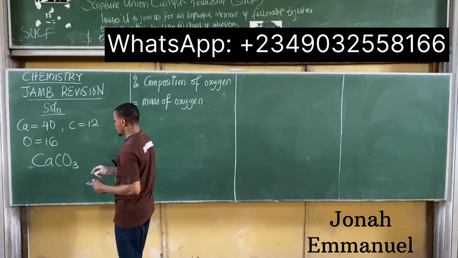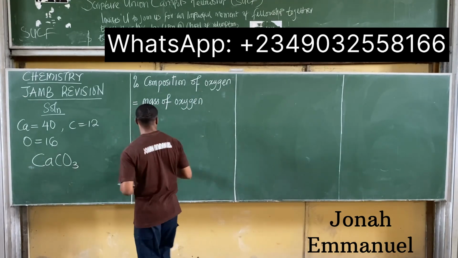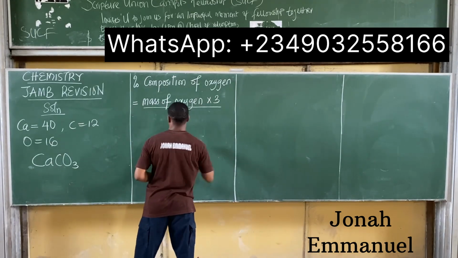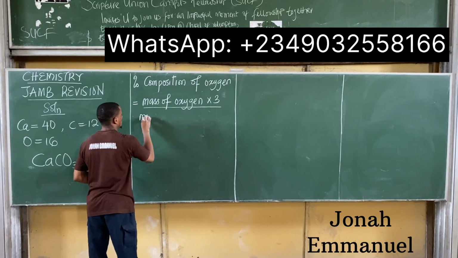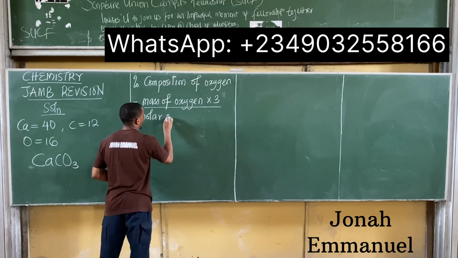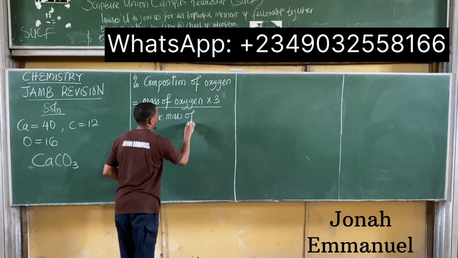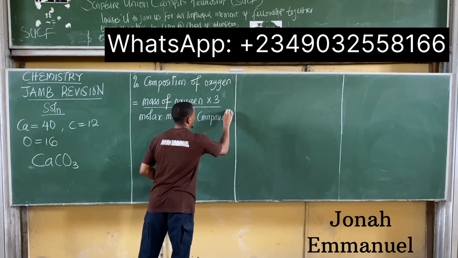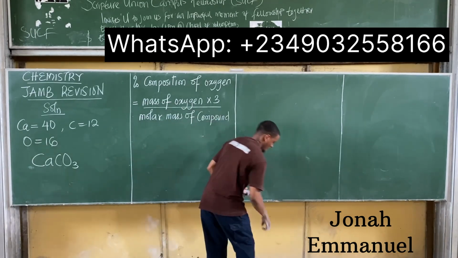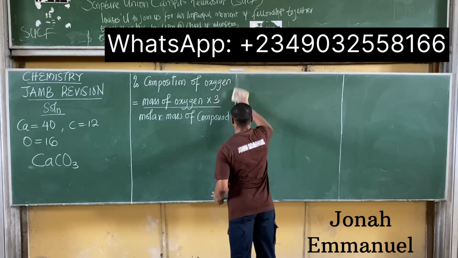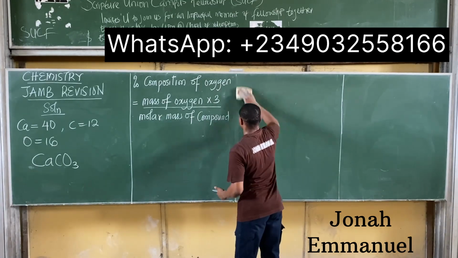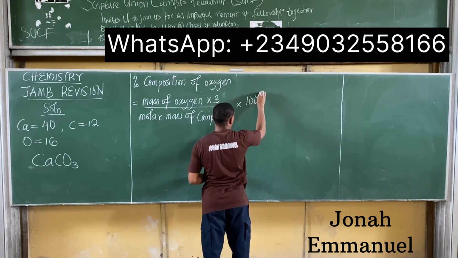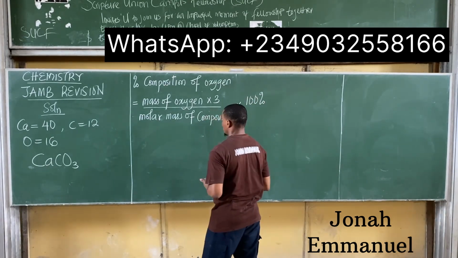Now observe that oxygen here has 3 atoms, so it becomes times 3, all over the molar mass of the compound, of course times 100%. So this times 100%.